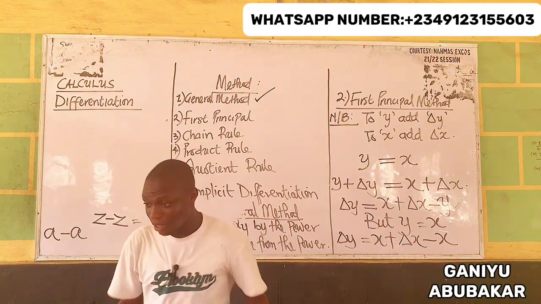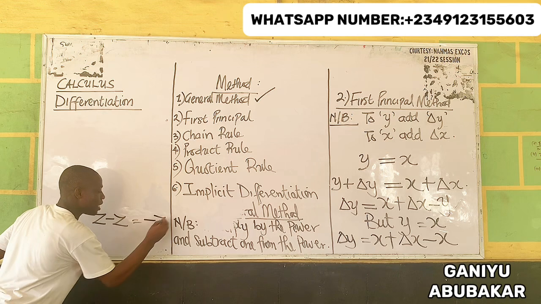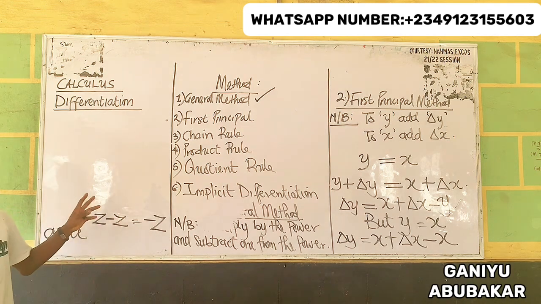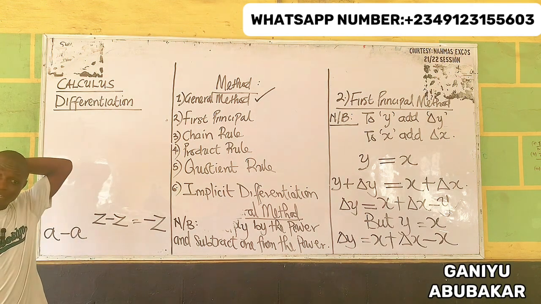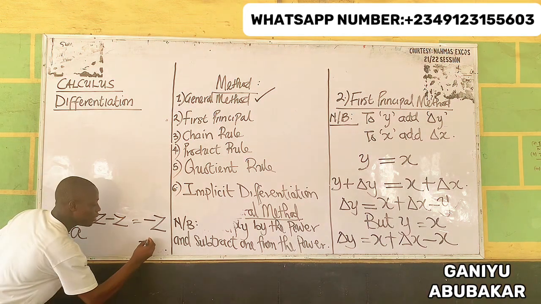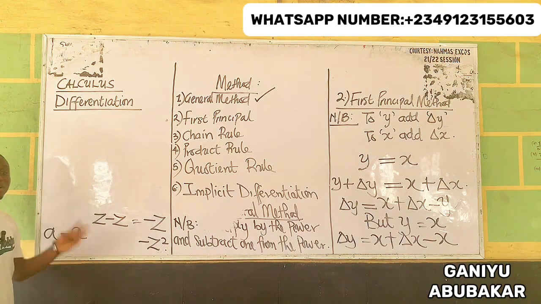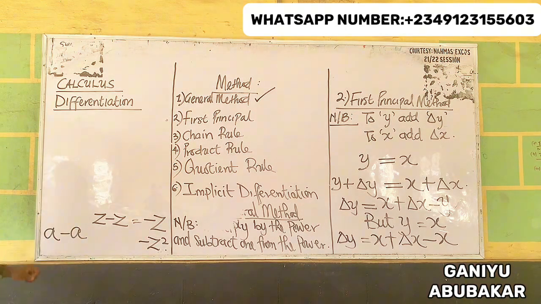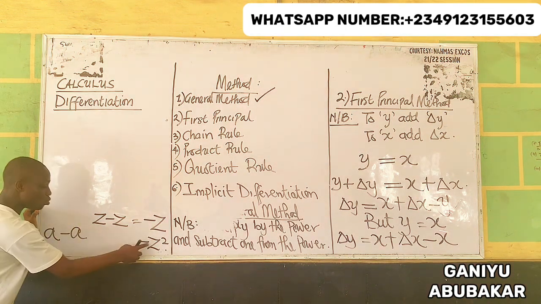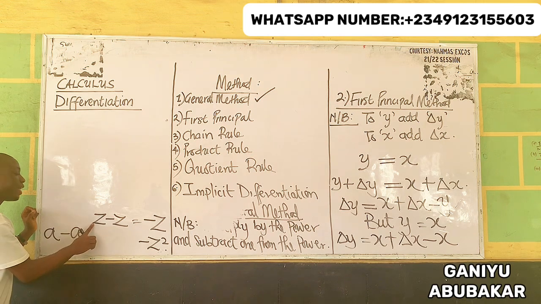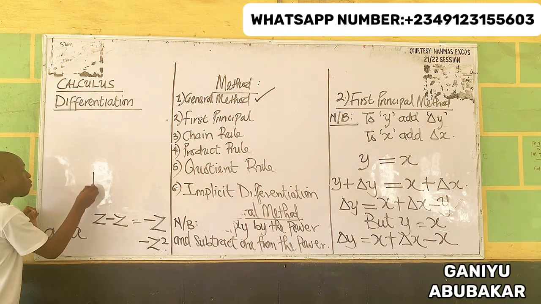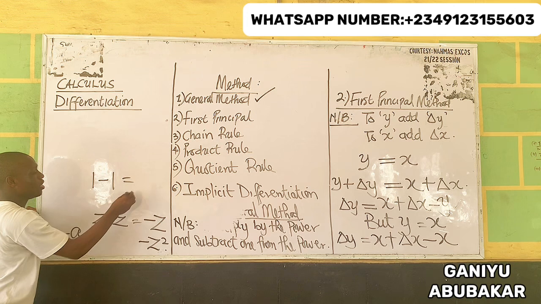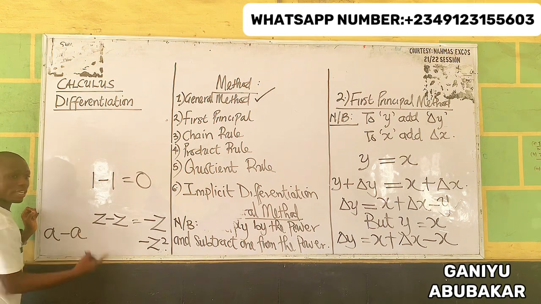Minus z? Z square? Any other opinion? Now listen, these are wrong. If I say z minus z, it means if I have 1 minus 1, what's my answer? It's 0. Are we good now?